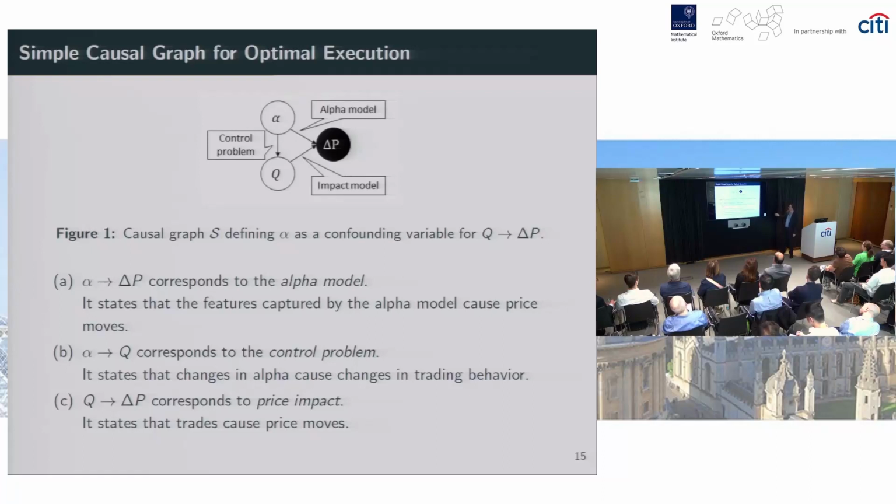And then I believe in price impact, so I have an arrow from trades to returns. I believe that when I trade, I get a feedback from the market. I cause changes in the market. But here's the key point. I don't believe that Q and alpha are independent. I have a link between them, and specifically, I have a link from alpha to trades. I believe that my clients, because they have alpha, submitted the trade.